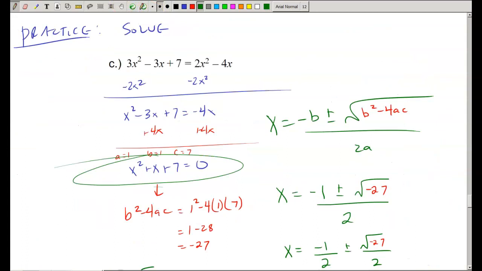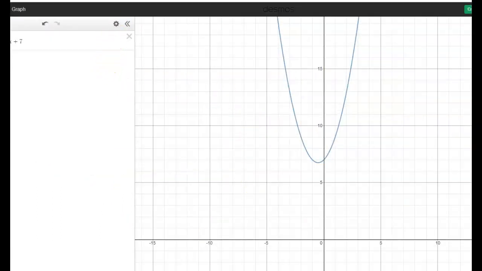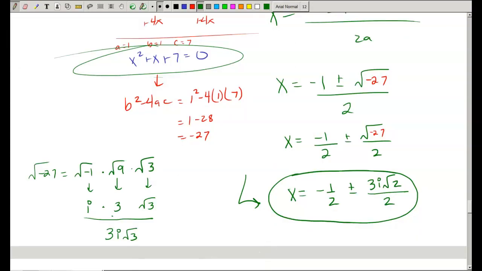So we can again double check that on Desmos. If I go to Desmos and I pull this up, there we go. X squared plus x plus 7. You can see that when we graph it, we don't have any x-intercepts there because our answers are imaginary solutions and they don't show up on the graph.